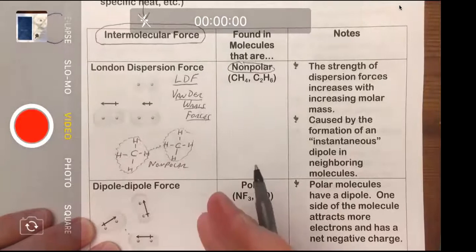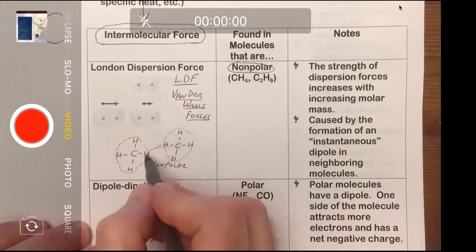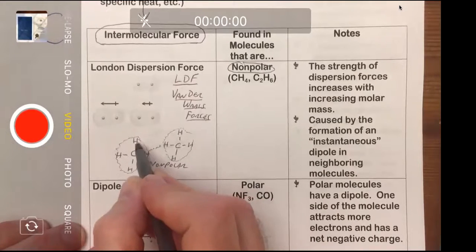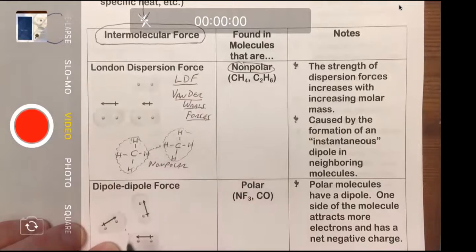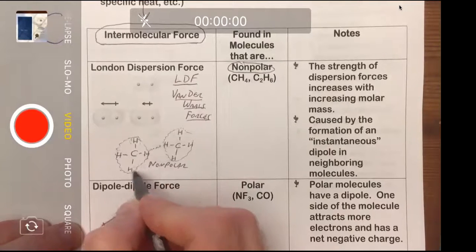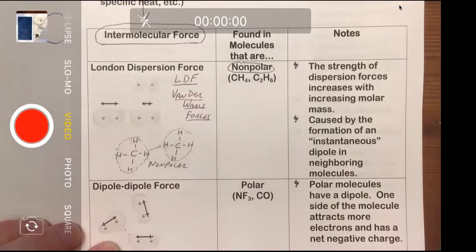And here's how they arise. What you've got to visualize is that on the outside of all of these atoms are electrons. And those electrons are not in any one space. They might be here, they might be here. They're kind of bouncing around, and we never really know exactly where the electrons are. Now, here's the thing that I want you to consider.